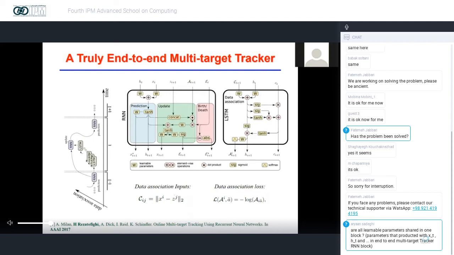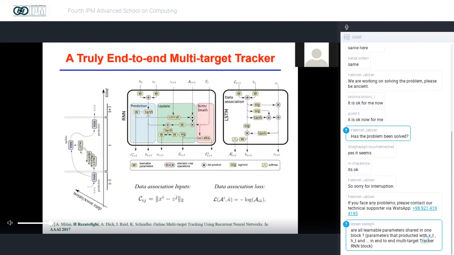Then we train this module using a simple softmax. The ground truth could be anything coming from Hungarian, for example; we try to learn Hungarian by doing the LSTM, or any other data association. The output is a vector with an index I for each target. So if you have n targets, we have n iterations of the LSTM to predict.